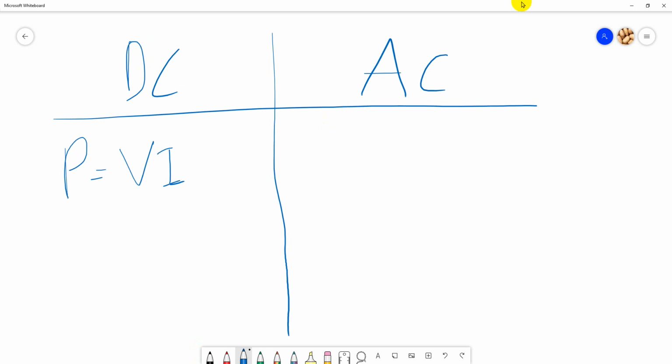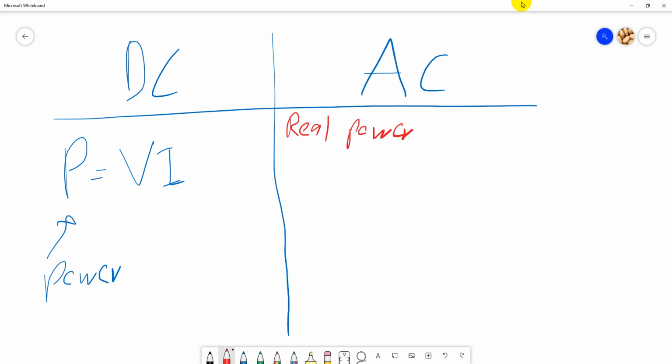That's it. This is power. Only power, P equals VI for DC. But for AC it is very different, because of the complex component in AC, there are a lot of things you need to know. First, real power.